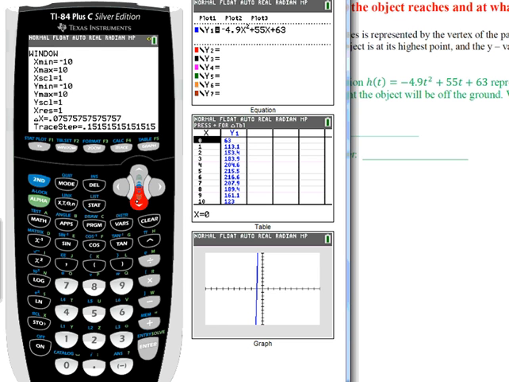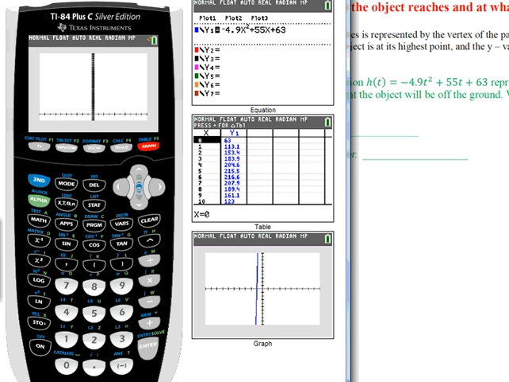Is that an X or a Y thing? Y controls the rise, so that's a Y thing. Everybody go to your Y max, and if it starts at 63, it's going to go higher than that. Let's make it like 100 max. And just make one change at a time and hit your graph and see what happens. Okay, my graph now goes way up, but still not quite high enough. Can I even see it coming back down again?